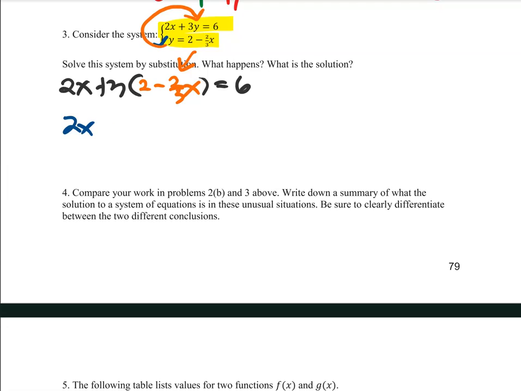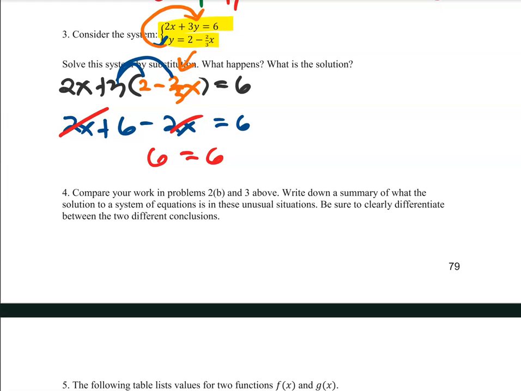So 2x plus 3 times 2 is 6, minus, multiply this, 3 times 2/3 x is 2x, equals 6. And 2x minus 2x is 0, so this is 6 equals 6.